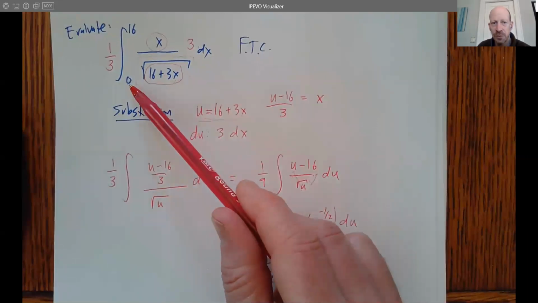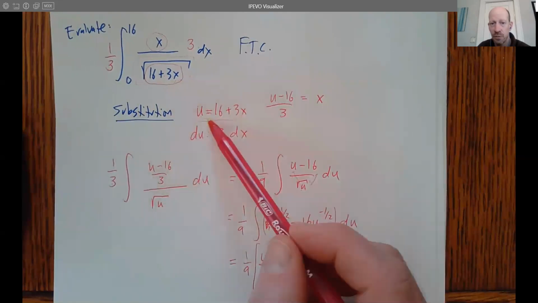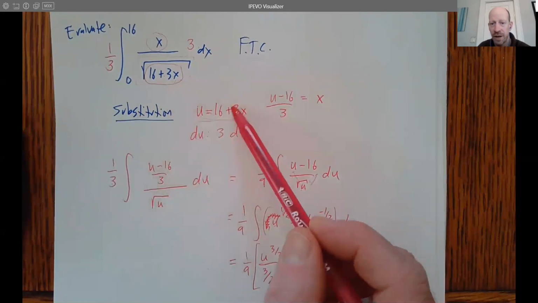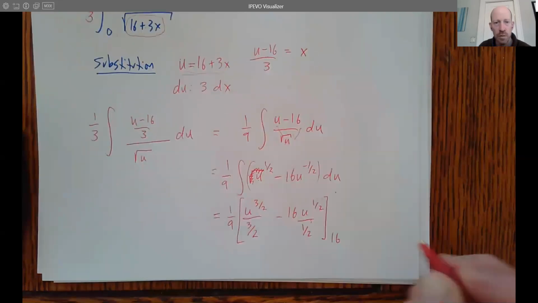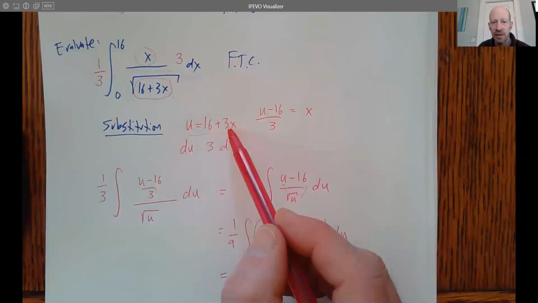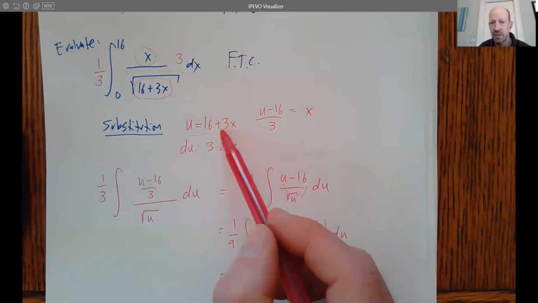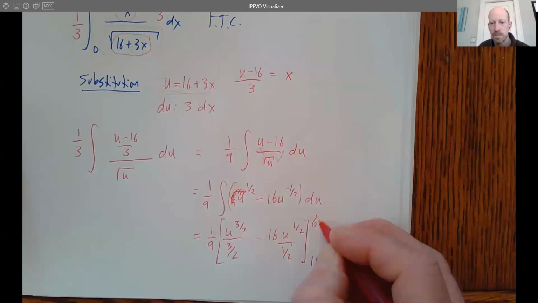So here, when x equals 0, I plug it into my formula, and u has to be 16. And when x equals 16, I plug that in: 16 times 3 is 48, plus 16 is 64.